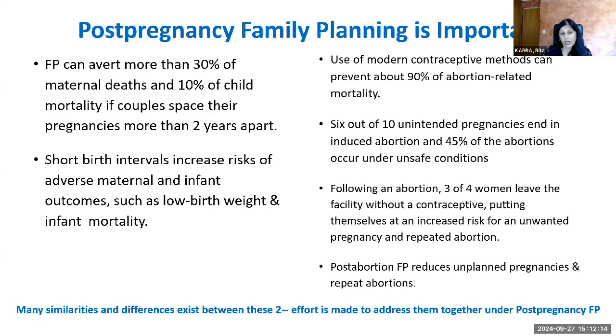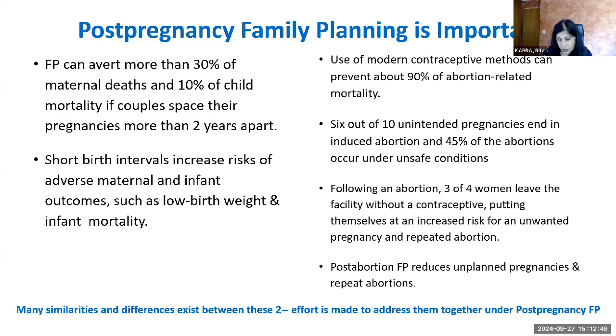In many situations, especially when abortion happens in a facility, 3 out of 4 women leave the facility without a contraceptive. Thus, they put themselves at increased risk of unwanted pregnancies. Post-abortion family planning reduces unplanned pregnancies and repeat abortion. Our aim is that even if we have not been able to prevent the first abortion, let us at least make efforts to not have a second.